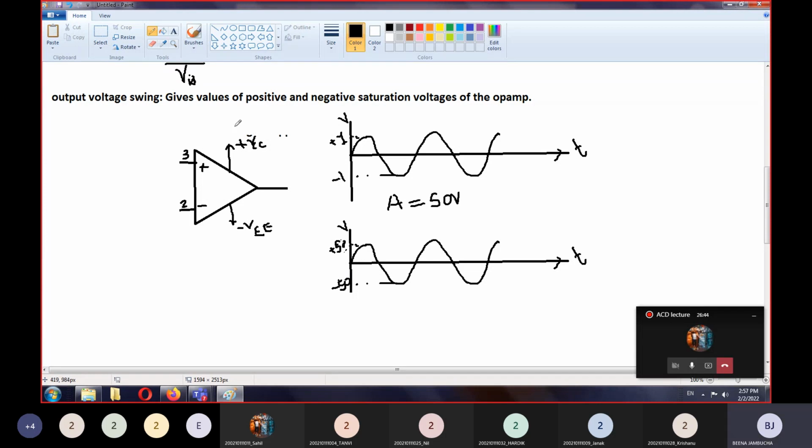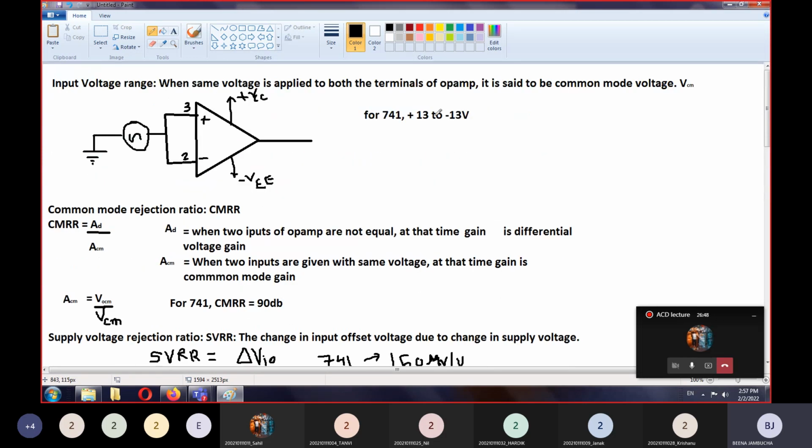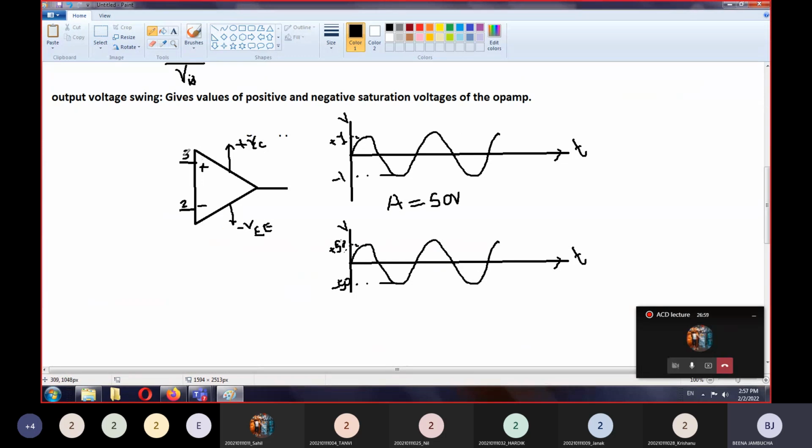But because of the supply voltage restriction for 741, it is 13 volt, as I have told you. It is the maximum voltage range which can be provided at the output of the op-amp. So the maximum value is, let's say, 13 volt. Here your supply voltage is plus 13, and here it is minus 13.